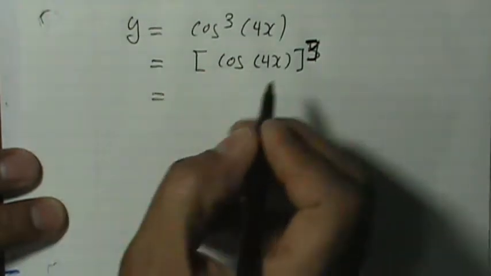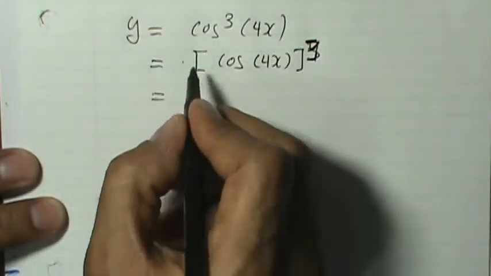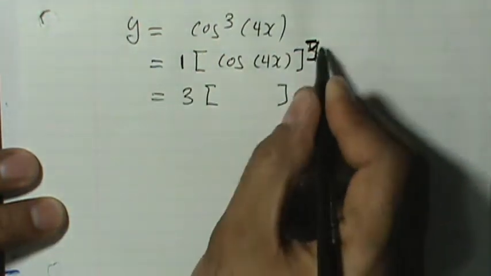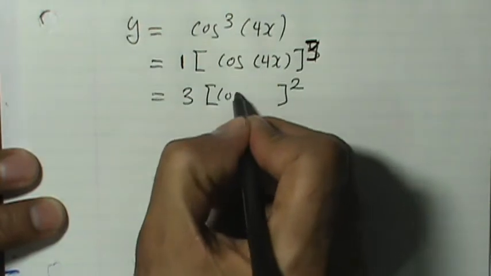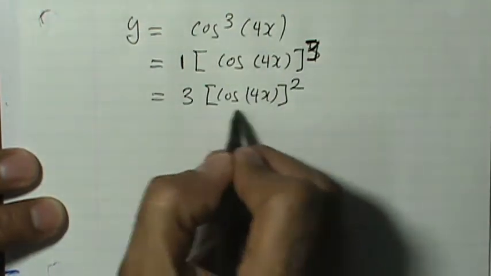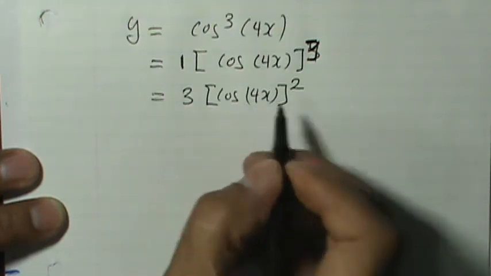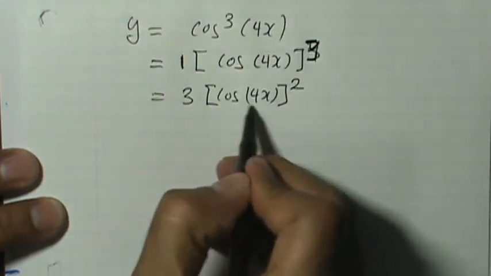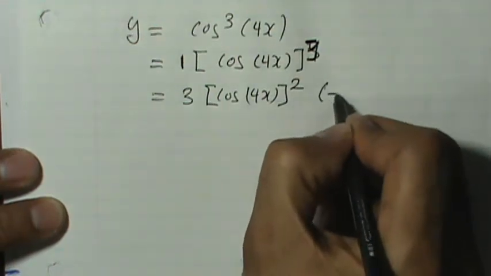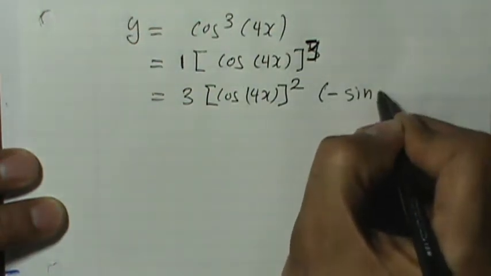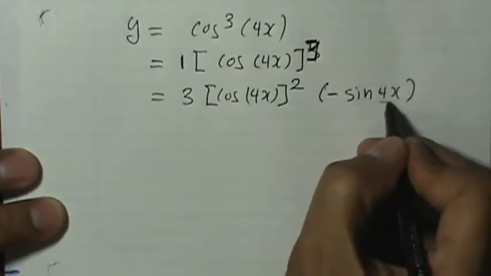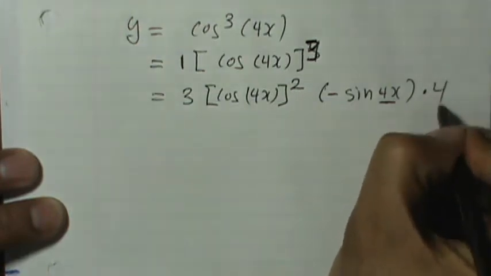So to apply the chain rule, we'll go from outside. So 3 times the coefficient of the bracket would be 3, and we subtract 1 from the exponent, which would be 2. So we have cos theta squared, and then we go to the derivative inside. That's what the chain rule is, from outside to inside. So the derivative of cos theta, we noticed earlier that it's negative sine theta, and theta is 4x. Now, what is the derivative of theta itself? Don't forget, it would be 4.